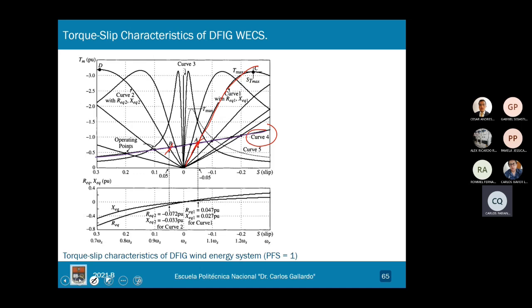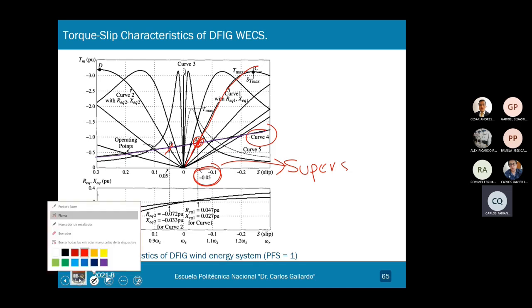Where curve 4 intersects with curve 1, the generator operates in super synchronous mode of operation because the slip is negative. This slip is negative 0.005, so this is a super synchronous mode of operation. The slip for this point is negative, therefore I will have a super synchronous mode of operation.